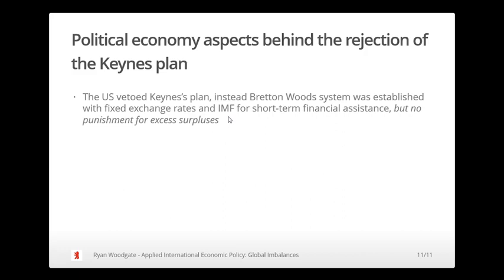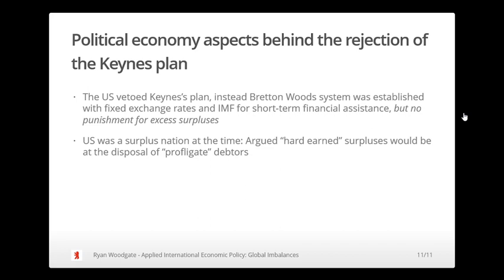There was no mechanism within Bretton Woods that meant that excess surpluses were somehow recycled, brought back into the monetary system. And that, you could say, was one of the main failures of the Bretton Woods system.